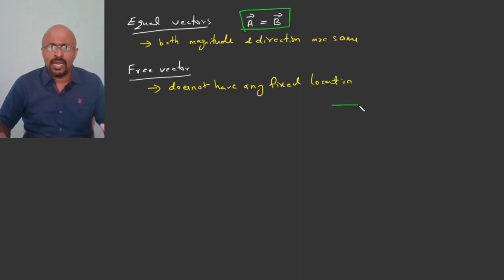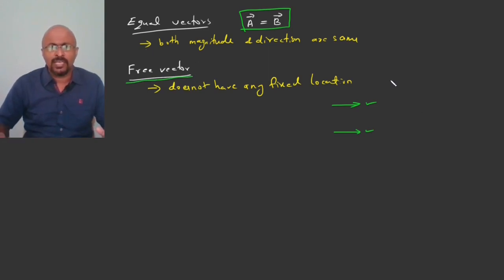For example, if we have a vector like this, and it is a free vector, and I draw it here like this, it is the same. If I displace it parallel to itself, it leaves the vector unchanged. That is, there is no difference between this and this if that vector is a free vector.